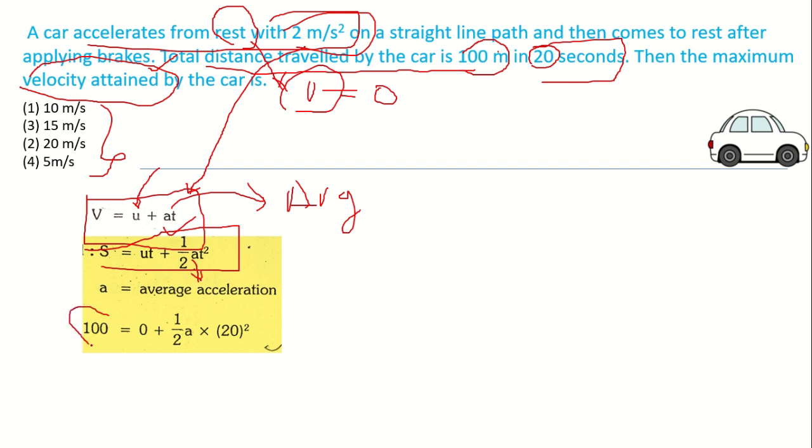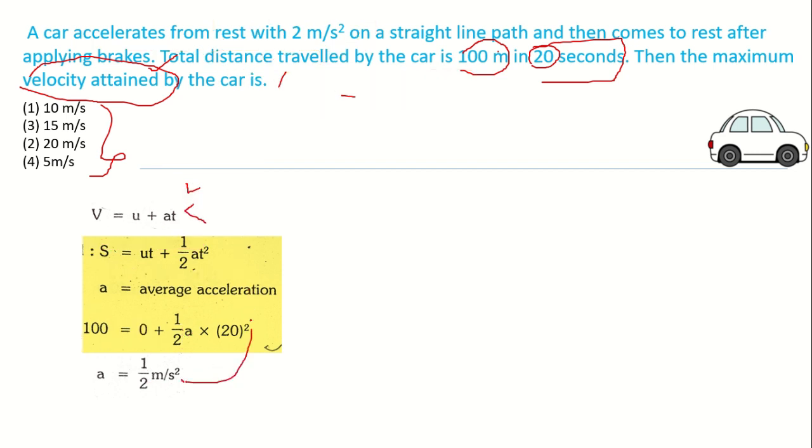We know the displacement, that is 100 meters, and initial velocity is 0, half into a unknown into time, which is given, that is 20 seconds. So I am making it square as given in the expression. Now if you simplify this, a is equal to 1 by 2 meters per second square.